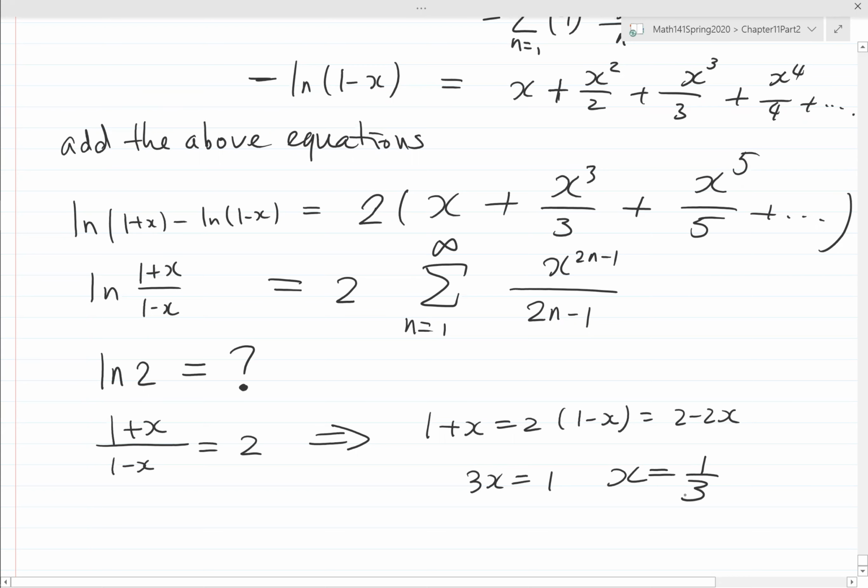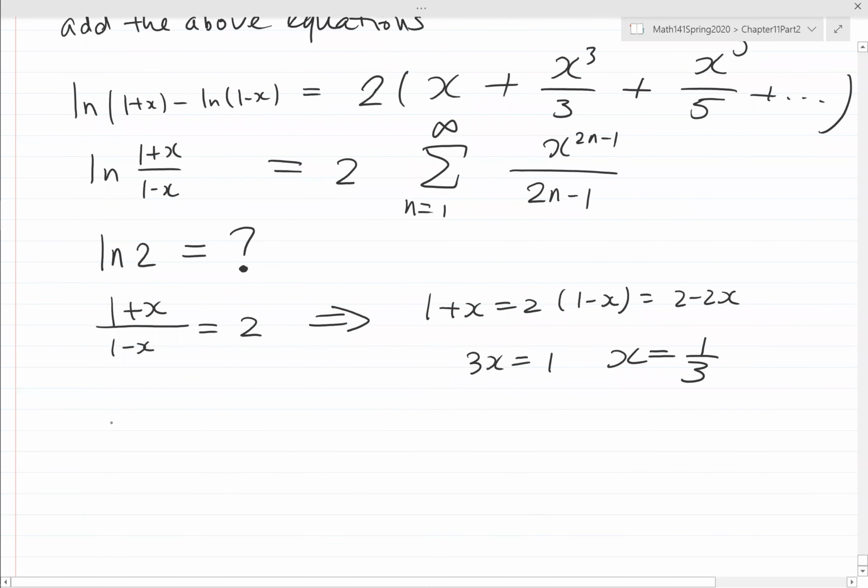We did this several times. Okay, then for ln 2, plug in, take x to be 1/3. Then the left side is ln 2, since 1 plus x over 1 minus x will be 2 now.